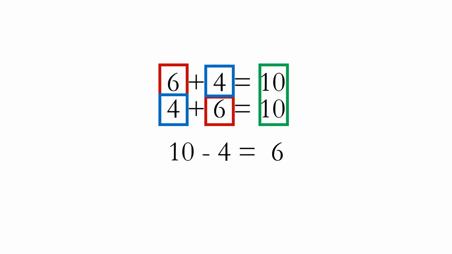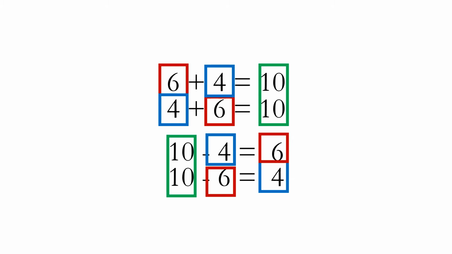We've learned this fact. And 10 minus 6 equals 4. And there are the 10's and our 4's and our 6's. So here we have 4 math sentences, 4 math problems, but we're using the same 3 numbers for all of them.